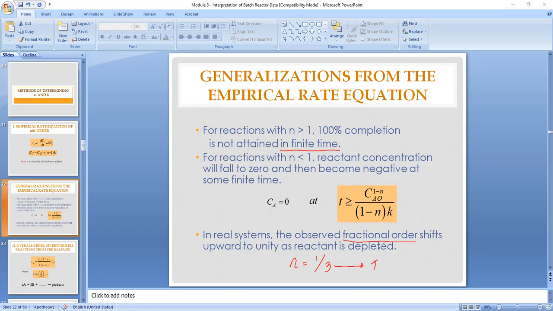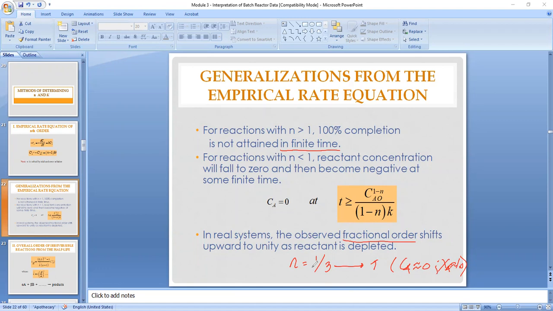When? When your reactant is about to be depleted. This is a condition wherein your Ca is more or less 0, nothing left, or when your Xa is more or less equal to 1.